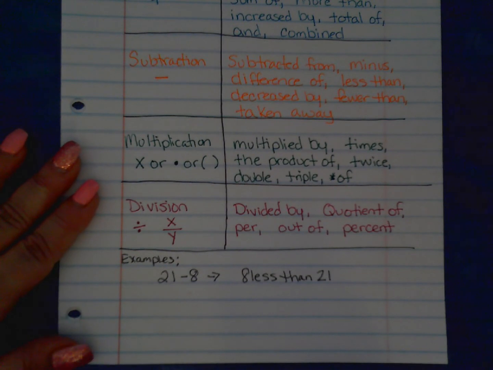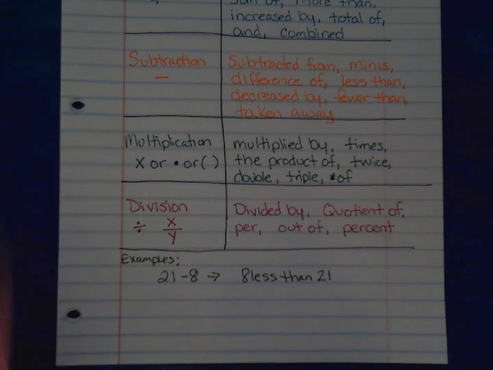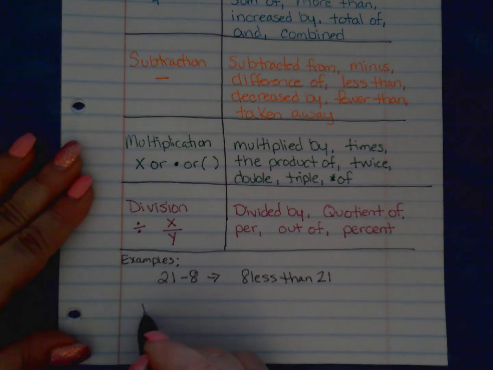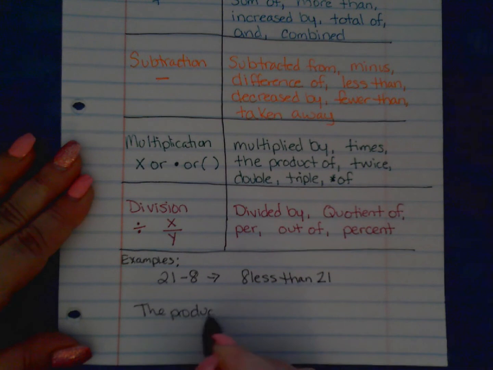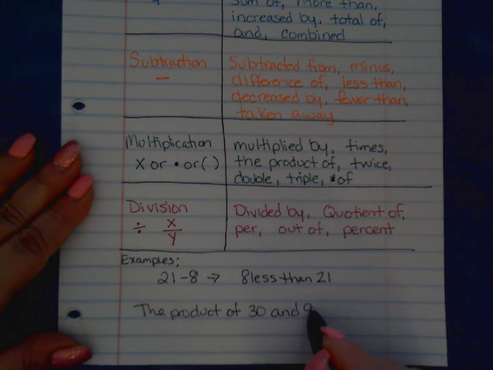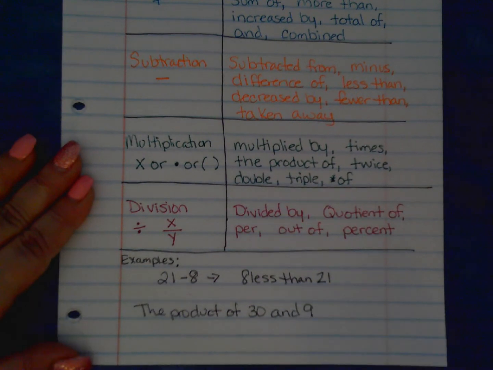And then if I were to say the product of 30 and 9, you would write that as 30 times 9.